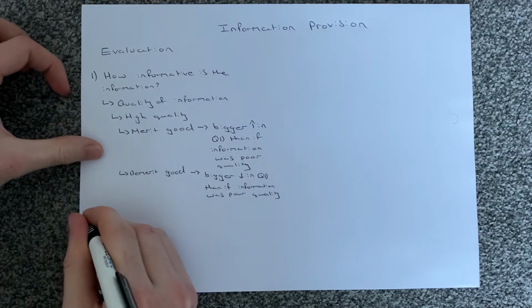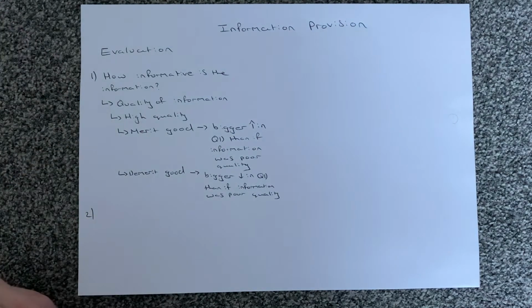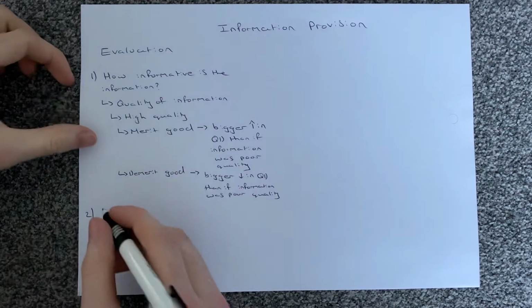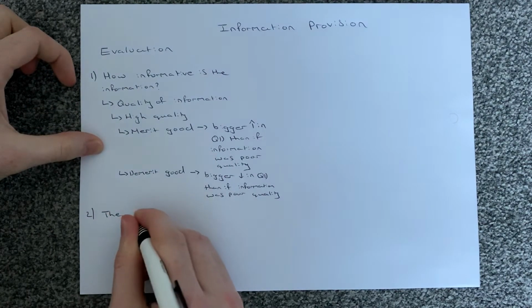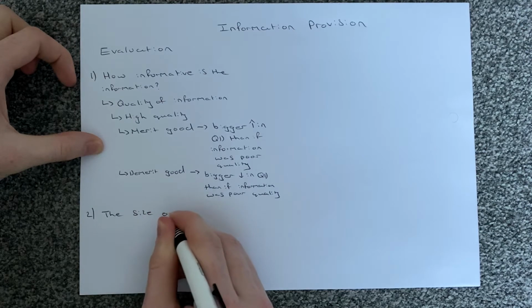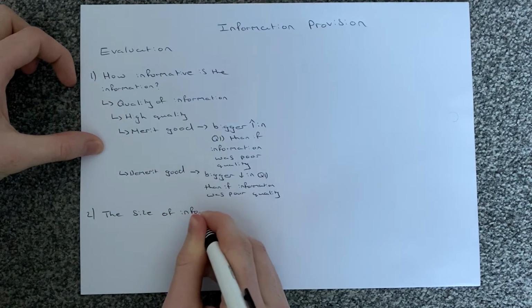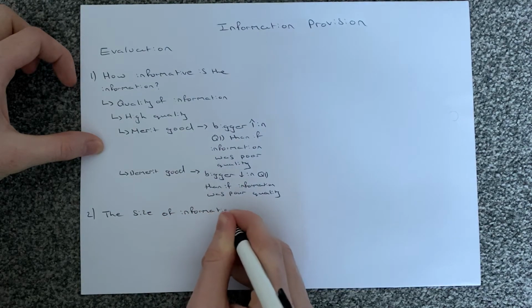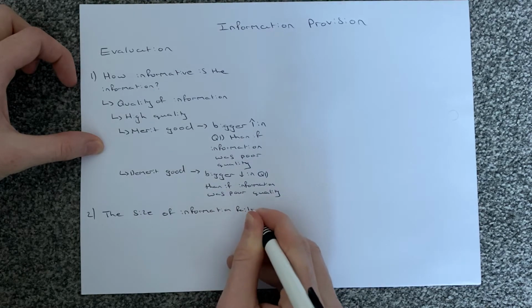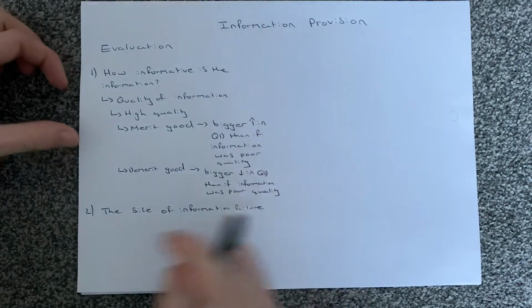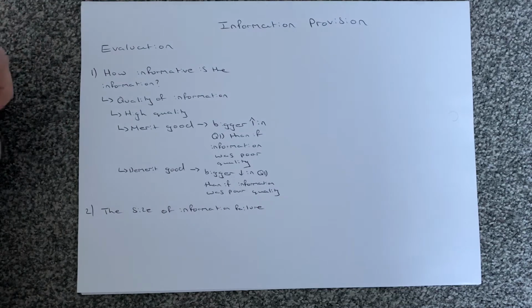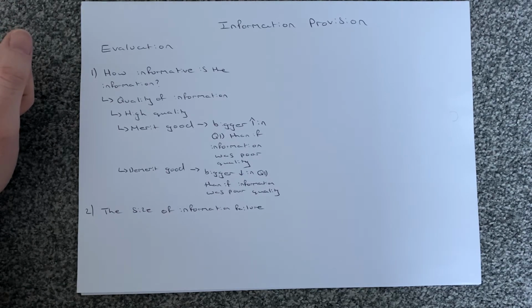So let's have a look at a second evaluative point that we could talk about, and that could be the size of the information failure. So obviously the bigger the information failure, the greater amount of information is needed in order to correct it and therefore get closer to the social optimum. So let me just repeat that point.